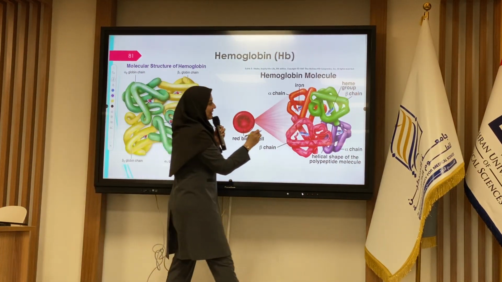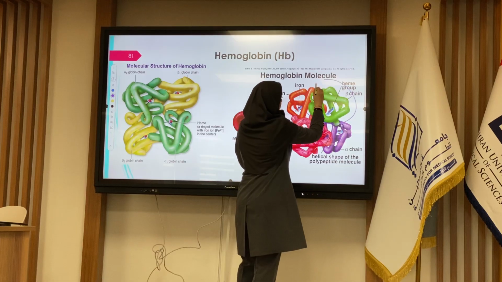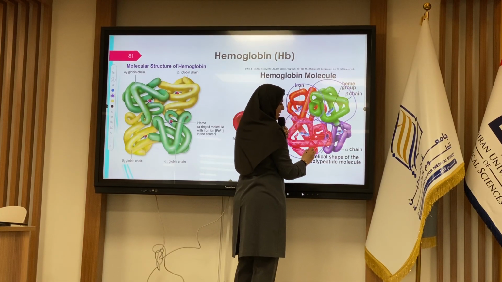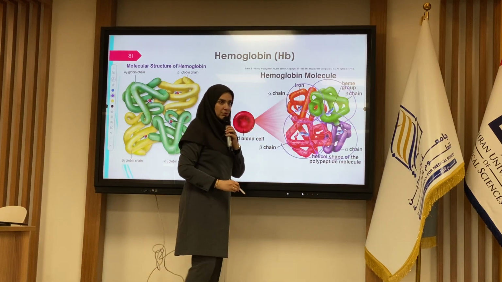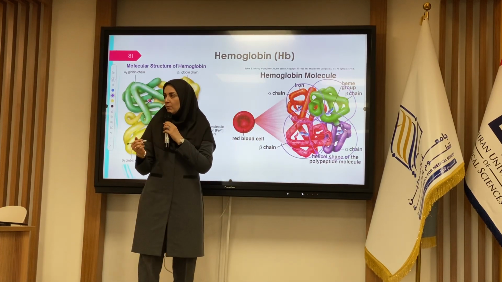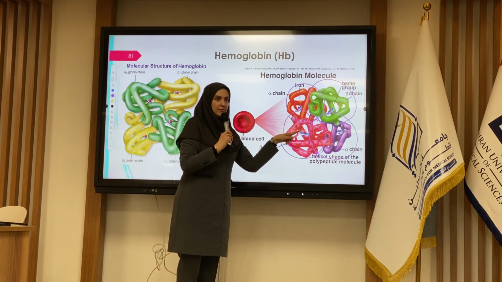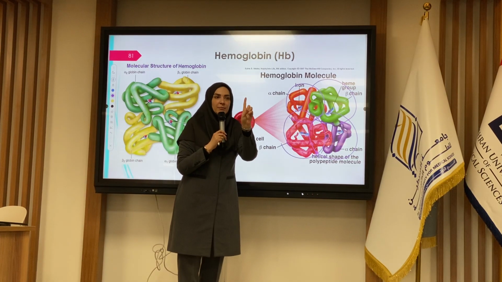Each part of hemoglobin is similar to myoglobin. Recall that myoglobin has only 1 chain and only 1 heme.